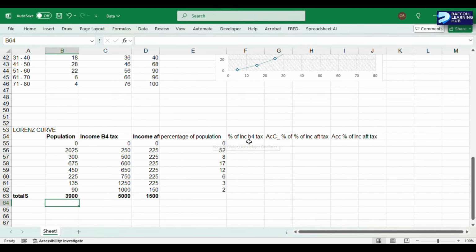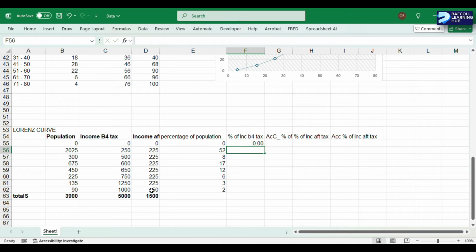Then I move on to compute the percentage of total income before tax. It's the same formula: this divided by the total, times 100.